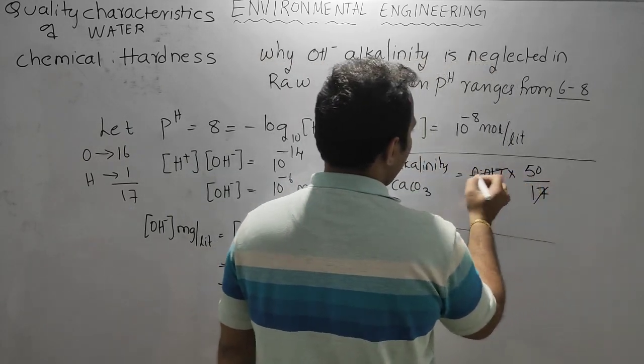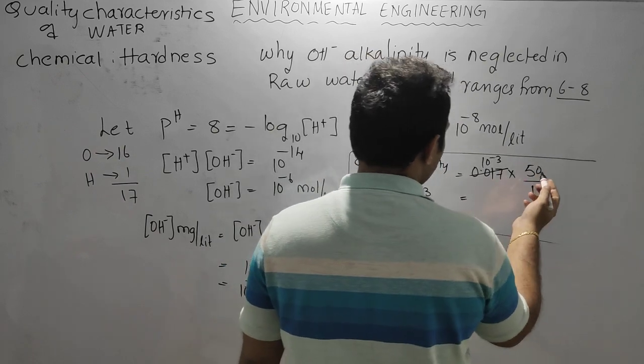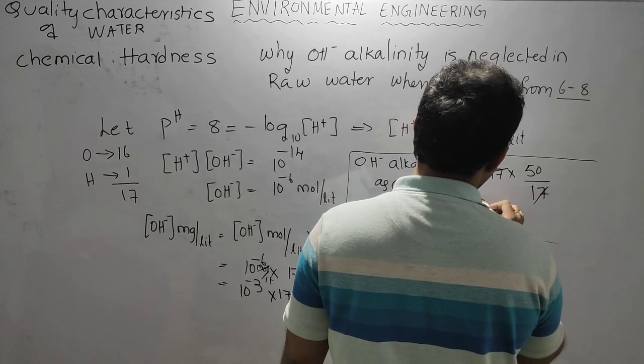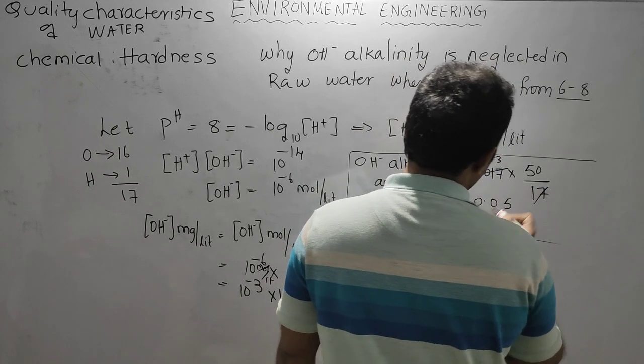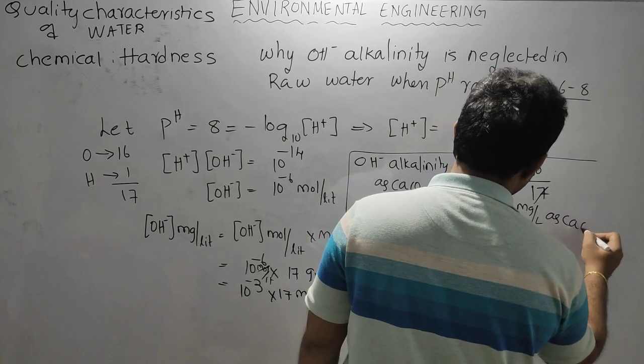So 17 into 10 to the power of minus 3. So the concentration now becomes 0.05 mg per liter as CaCO3.